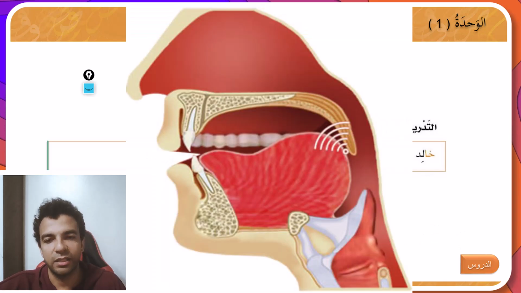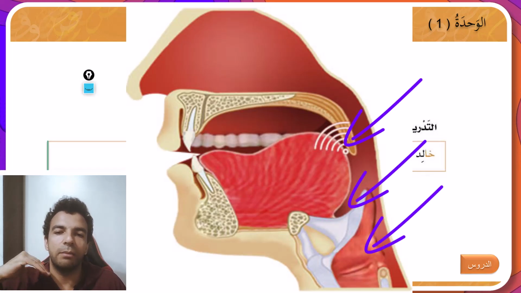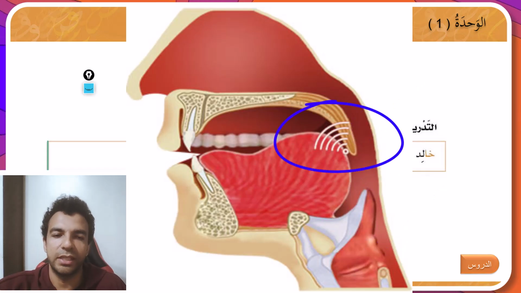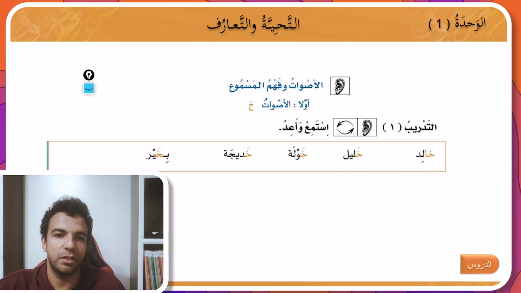And if we divide the throat into three levels, the Kha letter will come from the upper part, the closer to the tongue. We will talk about that in details, but it's also considered as one of the heavy letters of Arabic.